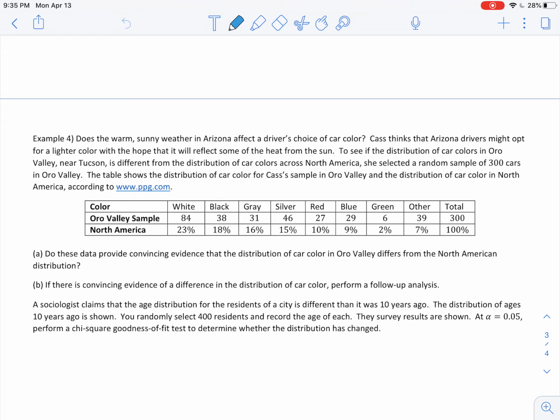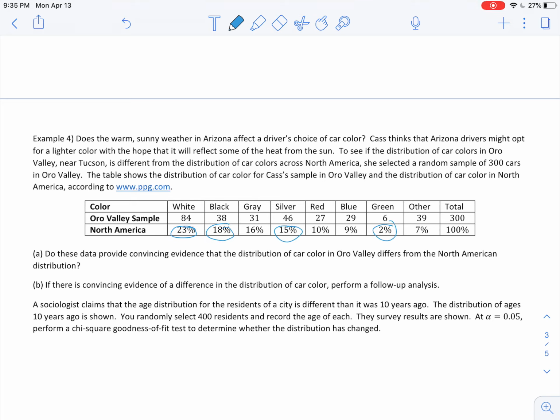Okay, so they're not testing uniformity.